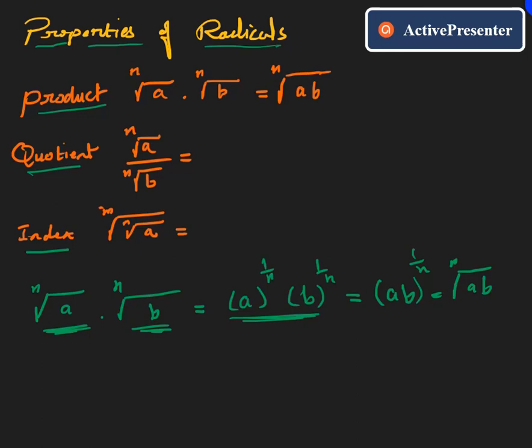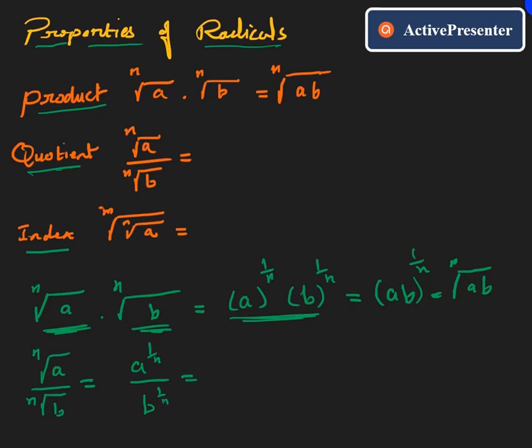Now let's take the second property, which is the quotient. The nth root of a over the nth root of b. This is equal to what? a to the power 1 over n over b to the power 1 over n.